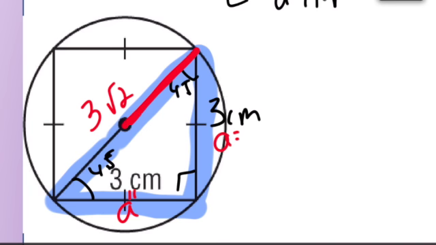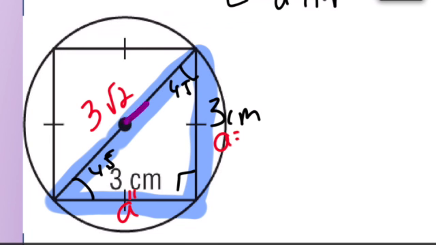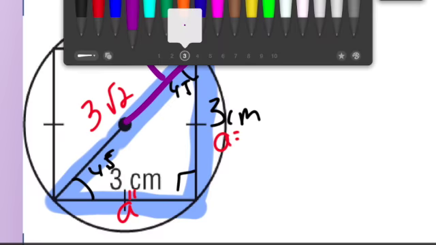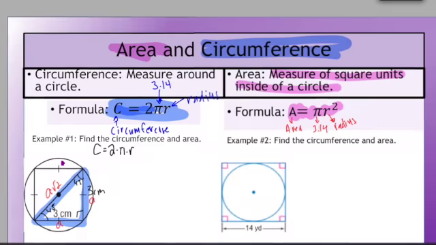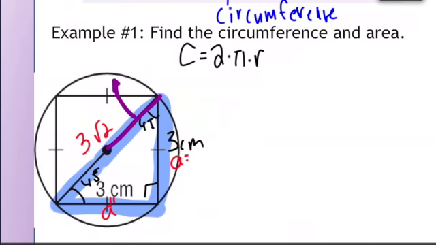Well, actually I'm going to do it in a different color, because red is the length of the whole thing. I want to know just this piece. So if 3 radical 2 is the whole thing, then how do I find just this piece? I just need to cut it in half. So this piece is just going to be equal to half of 3 radical 2. So 3 radical 2, and then just cut it in half. 3 divided by 2 is just 1.5.